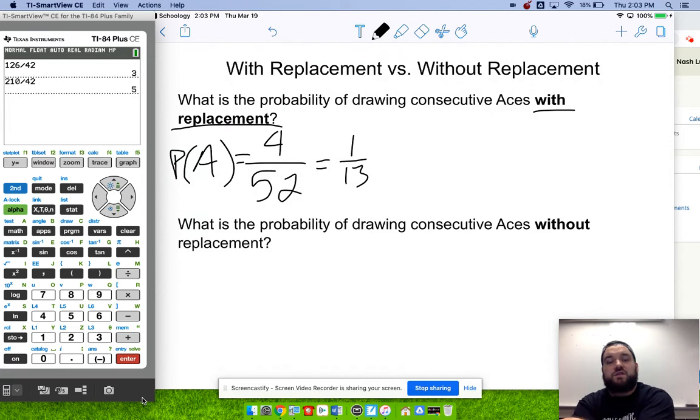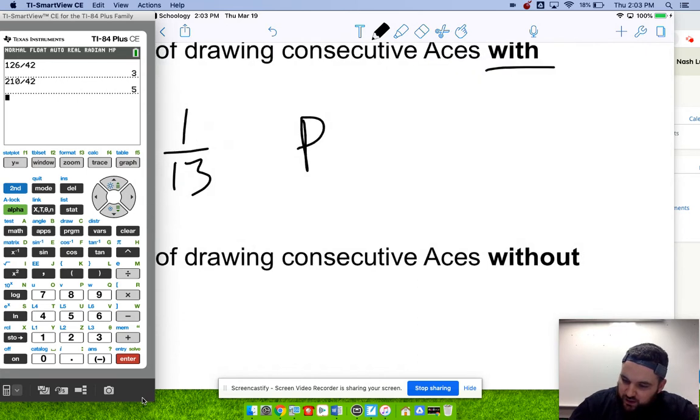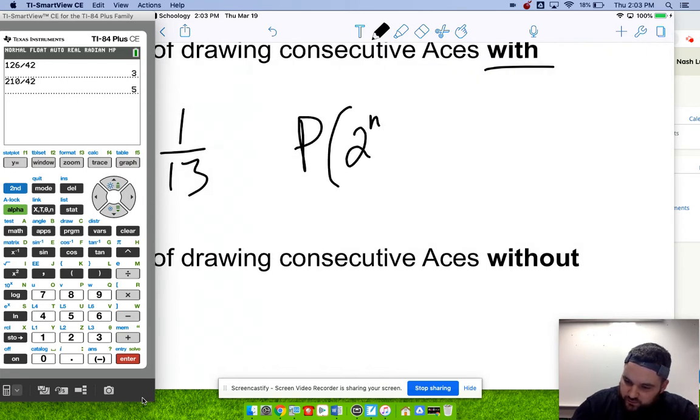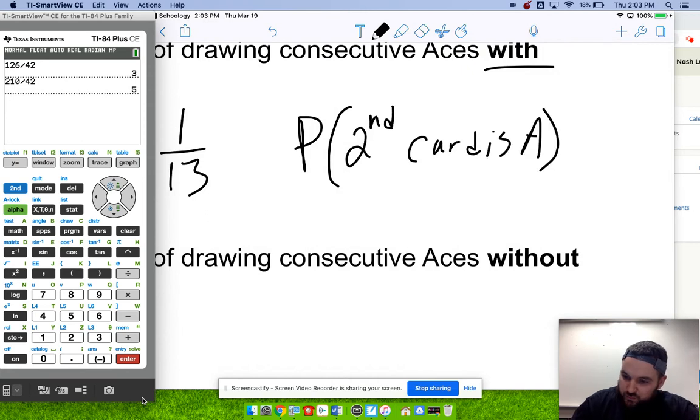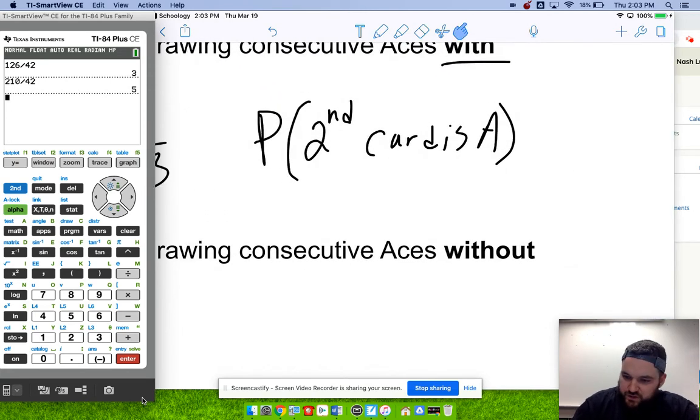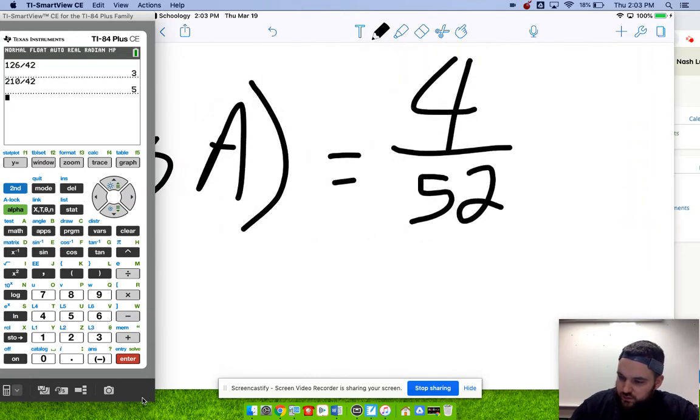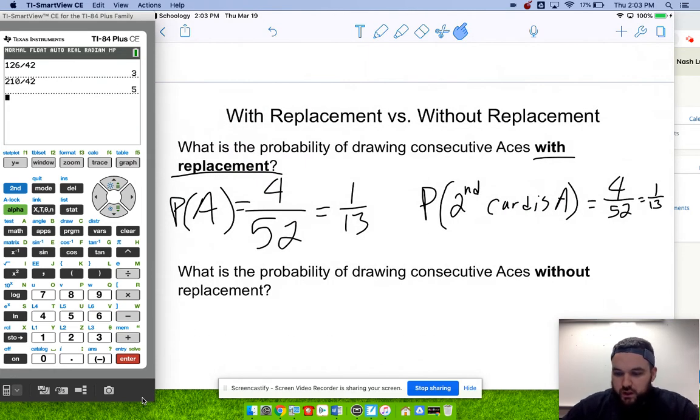So this is the probability of ace. Now, if there's replacement, that means the ace that I draw goes back into the deck. So what's the probability that the second card is an ace? It's also going to be 4 out of 52 because that first ace has made it back into the deck. So 4 out of 52 or 1 out of 13. Now, if we're talking about the probability of back-to-back events occurring, those will be multiplying.